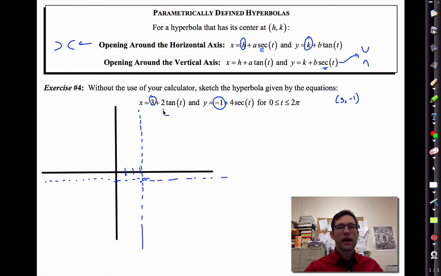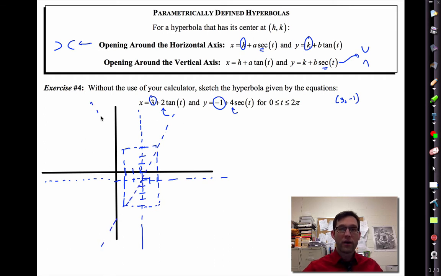So now let's take a look at how we can use the 2 and the 4 to draw our magic box. The beautiful thing is no square roots now. We just simply go out 2 units along this new x-axis and go up 4 units, 1, 2, 3, 4, and that now gives us that magic box.